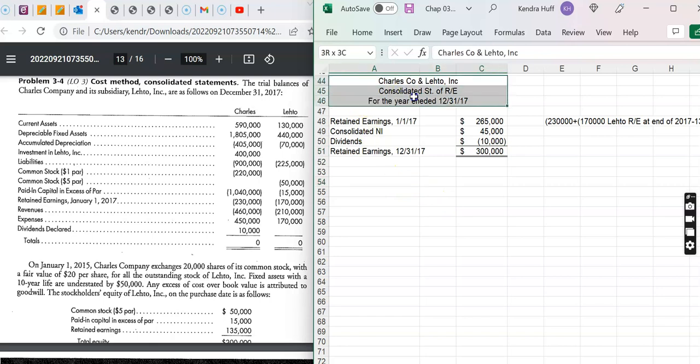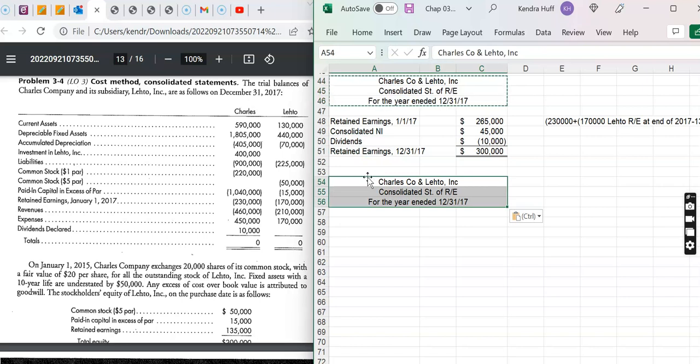To do balance sheets. I don't know if this will work out, but I'm going to copy it anyway. So this is the balance sheet. It's just the date.